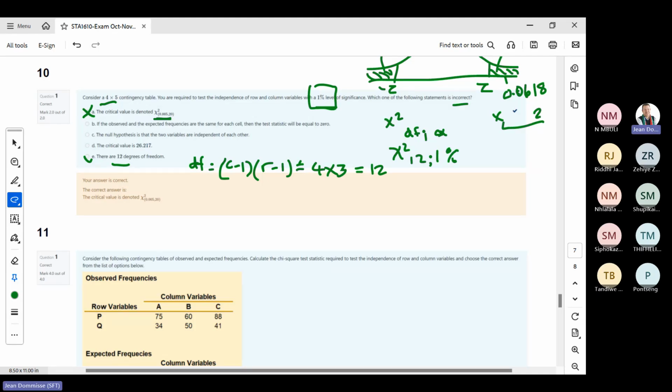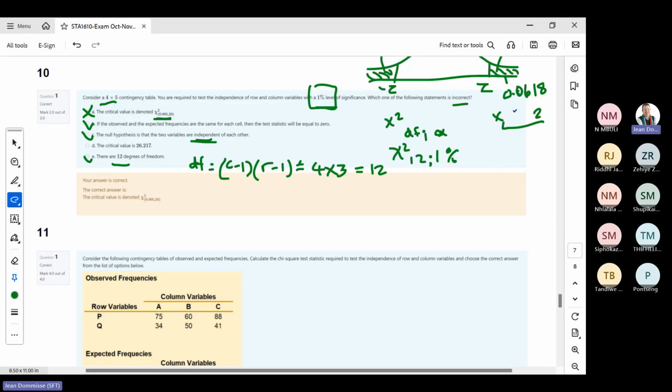Okay, then they ask a bit of definitions also. If observed and the expected frequencies are the same for each cell, then the t-stat will be equal to 0. So we've seen that in a few assignment questions as well. The null hypothesis is always the one that says they are independent.